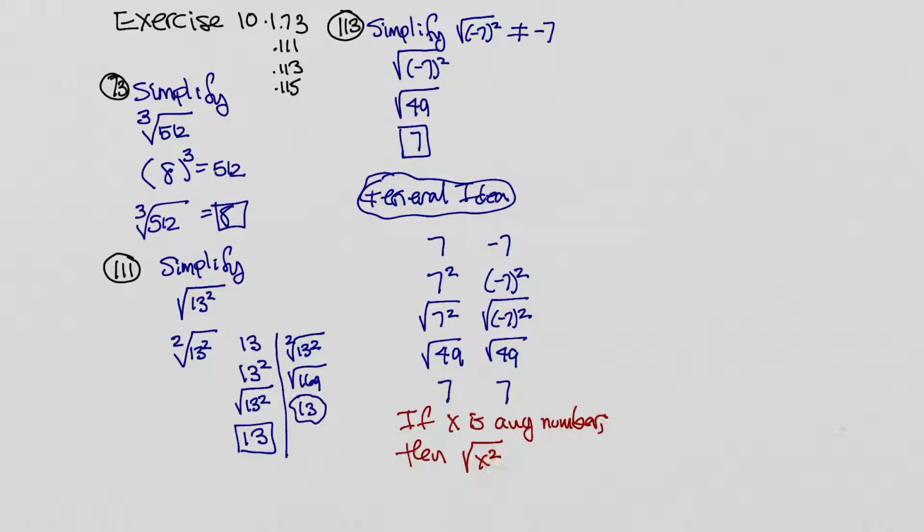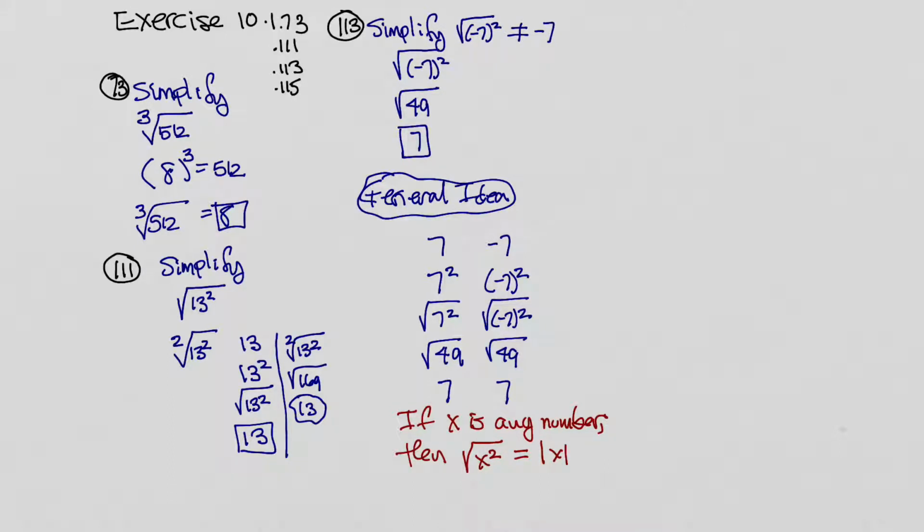If x is 7, we got 7. But if x is negative 7, we don't get negative 7 back, we get 7. So we either get the exact same number or we get the opposite. 7 is the opposite of negative 7. So what we're going to write here instead to make this thing work is the absolute value of x.